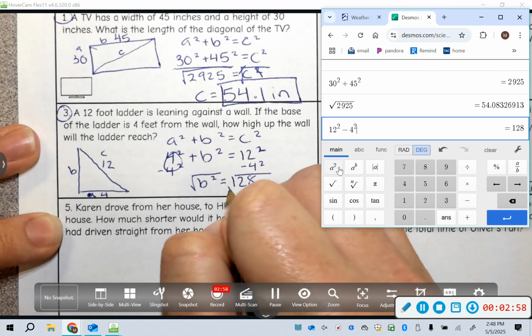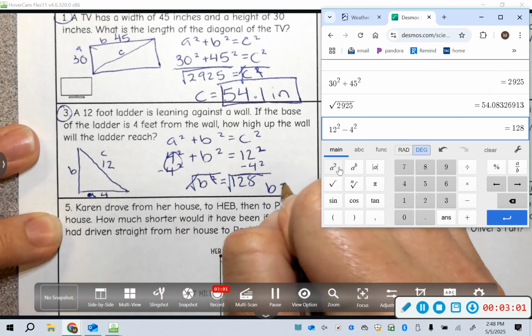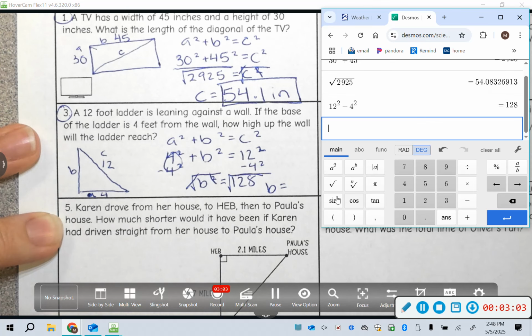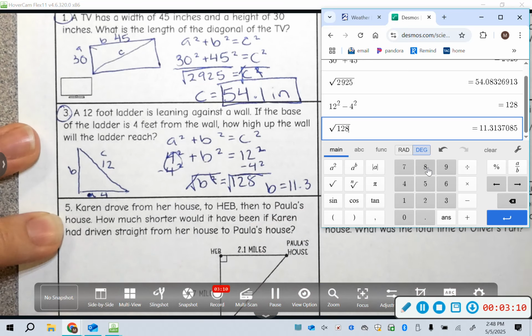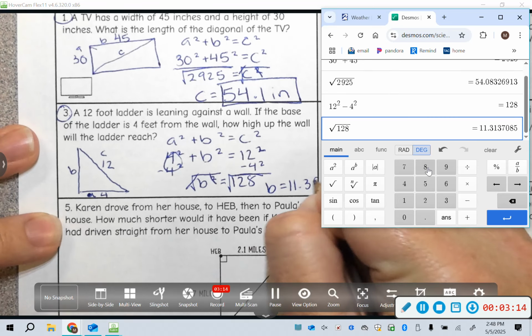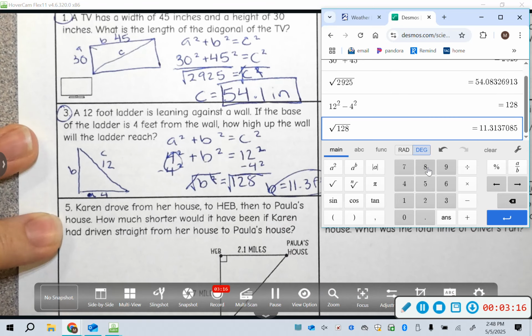And then I square root both sides to solve for B. So the square root of 128 is 11.3. So knowing that, 11.3 feet, there's my answer.